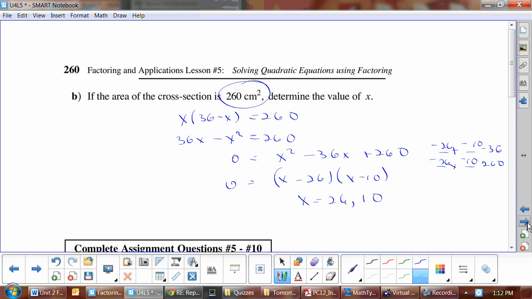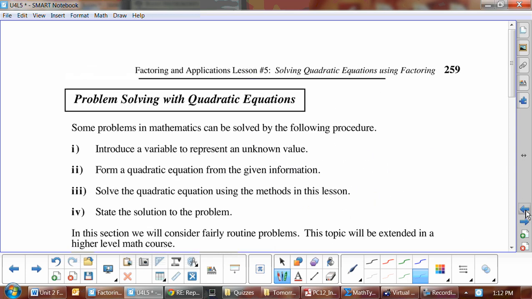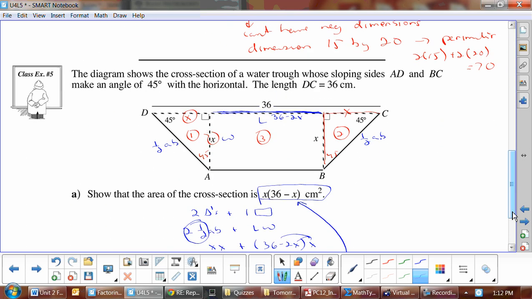Now, this one's extra tricky because the 26, it does work if you put in 26 times 36 minus 26. Where it doesn't work is if I put it into here, just to find the length of that, 36 minus 2x. So it actually fails here.